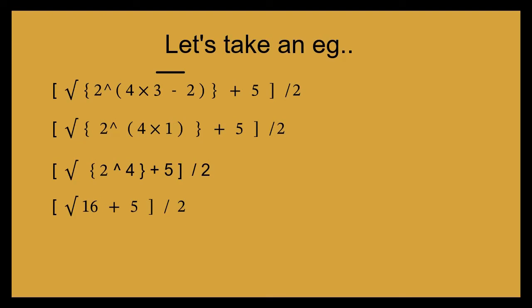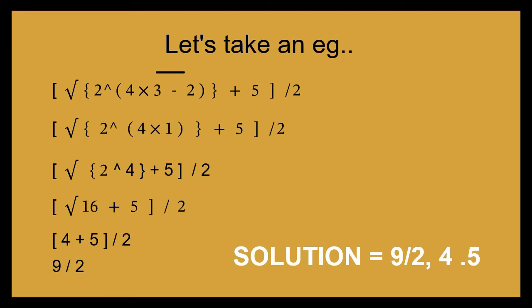Next, we perform the square root of 16 before adding 5 to get 4 plus 5 equal to 9. The square bracket gives more preference to this iteration than being divided by 2. Finally, 9 is divided by 2 to get 9 by 2 or 4 and 1 by 2 or 4.5.